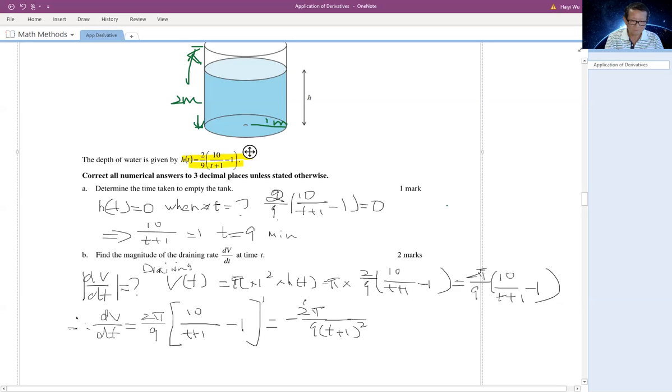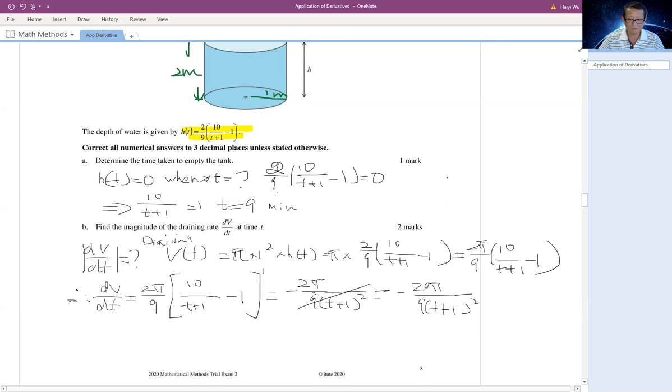So the negative 20 pi divided by 9. This is the derivative, but we need the absolute value, so we take the magnitude of that, and it will be positive.